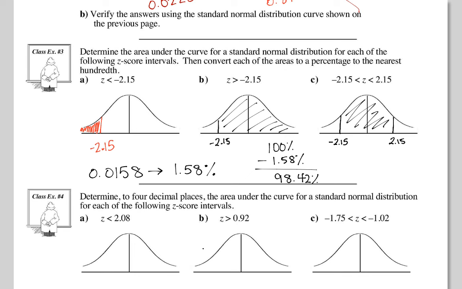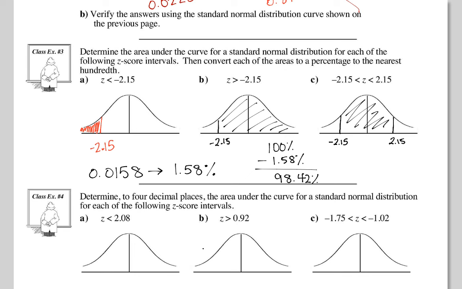And this one you have to study, so this one's tough. Listen to me, guys, this is tough. When you use the chart and you find the area for 2.15, it gives you all that.